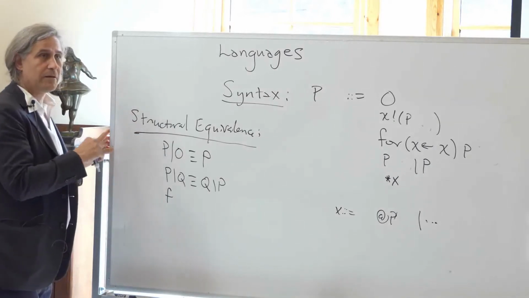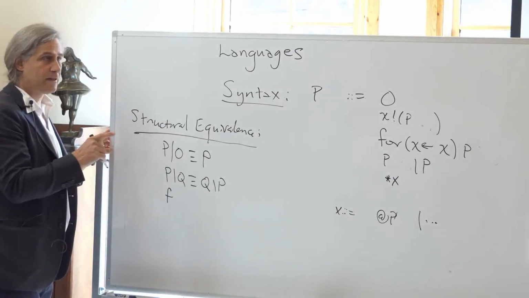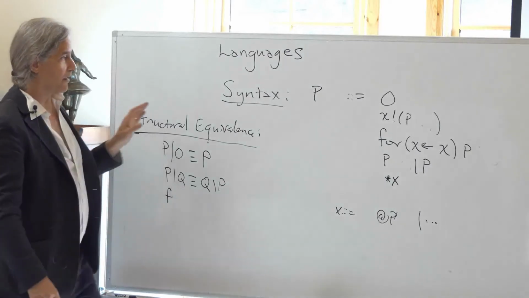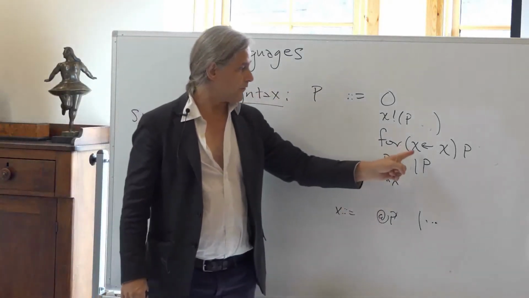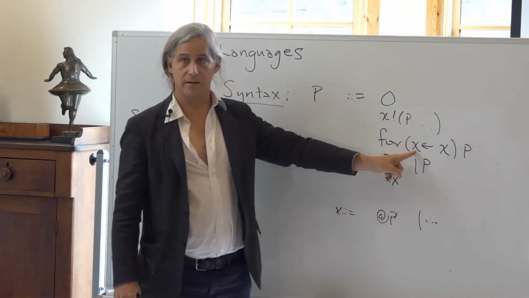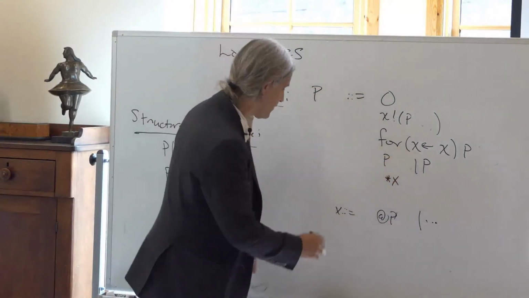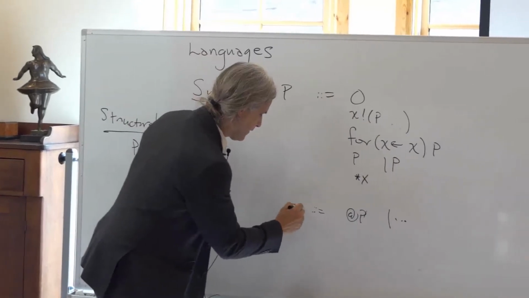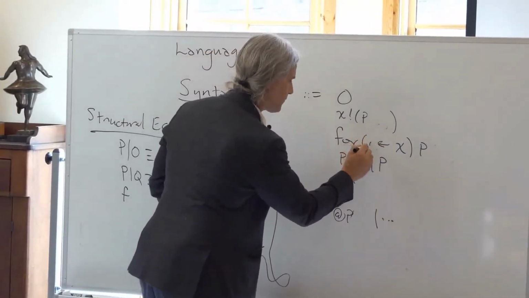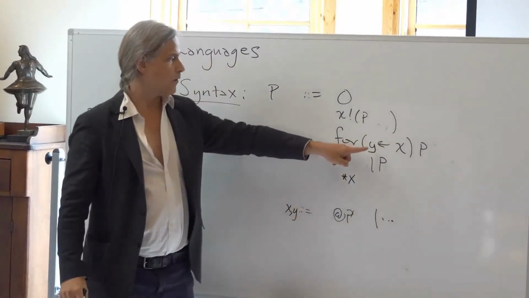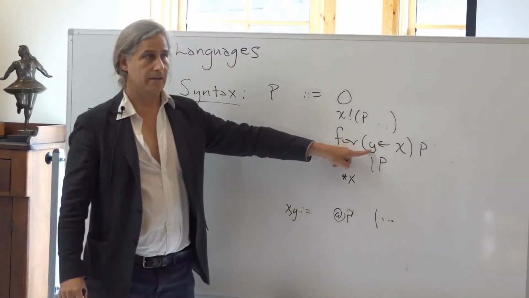So in a minute we'll talk about what free and bound means. But intuitively, to motivate that, I'll say that this expression binds this one. So if you permit me, y is bound in this expression.